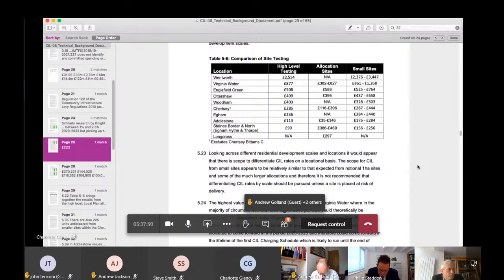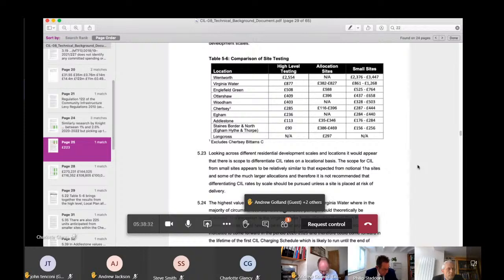Have you got the policy numbers for those? Yeah, Vet Labs parcel B is SL11. And I believe that the Addleston West allocation is IE8. Yes, IE8. Okay, thanks.